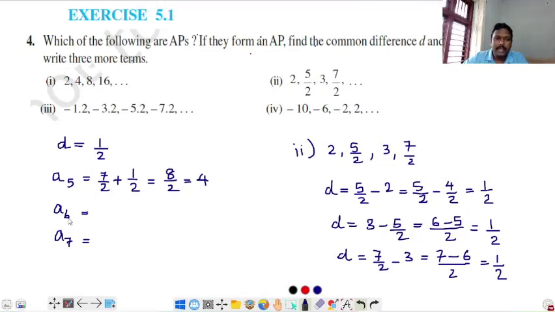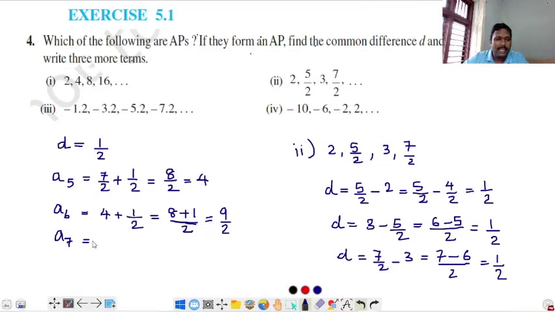Now we can find A6. A6 is equal to, with this you have to add 1 by 2. So that is equal to, cross multiplying you will get 8 plus 1 all divided by 2 is equal to 9 divided by 2.